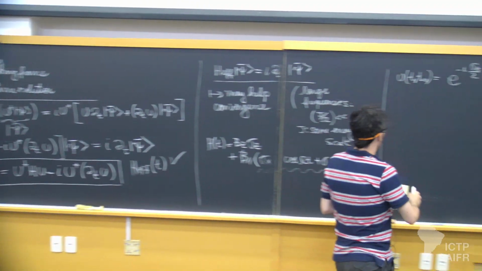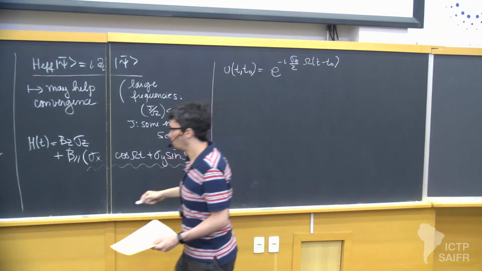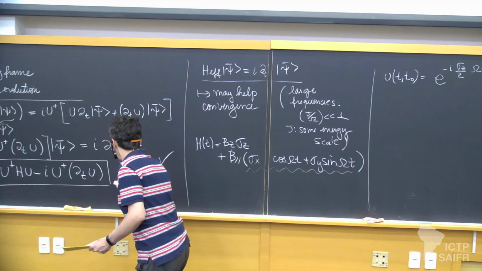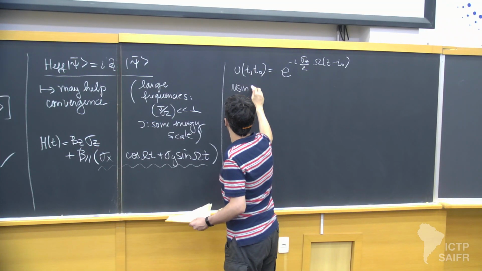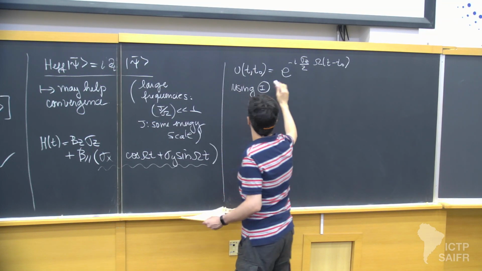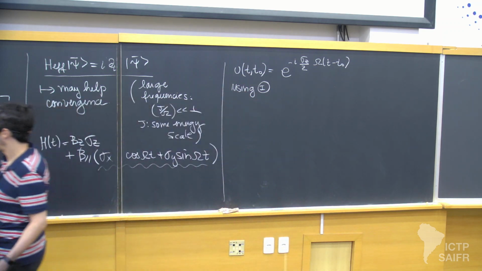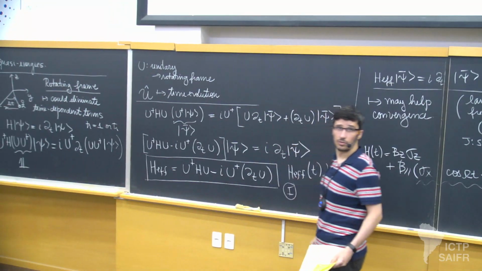If you do the algebra here, the exercise is to just, let's call this equation 1. So using equation 1, it's a trivial exercise. It's just a rotation of the Hamiltonian using this time-dependent angle.